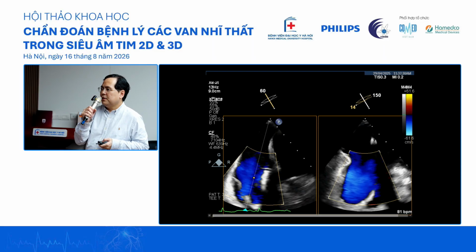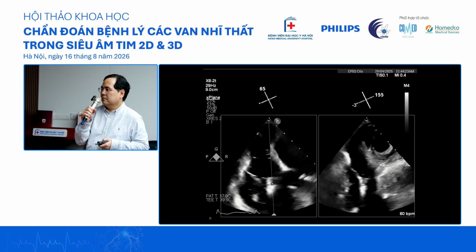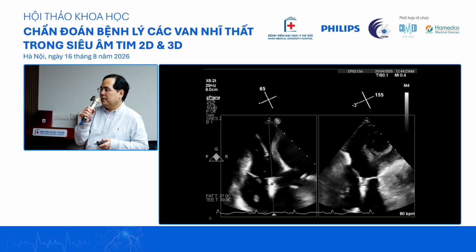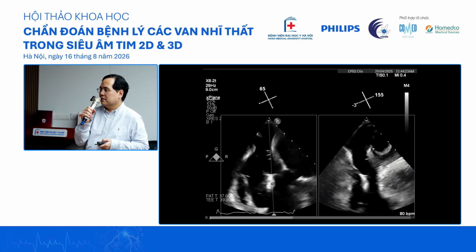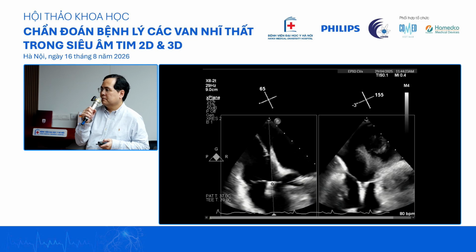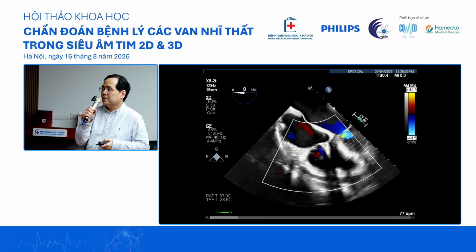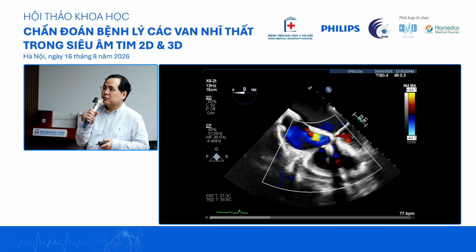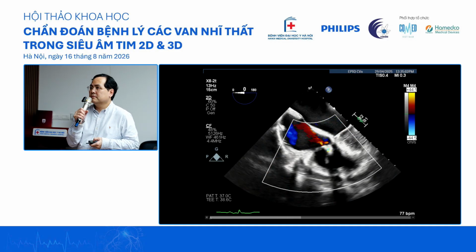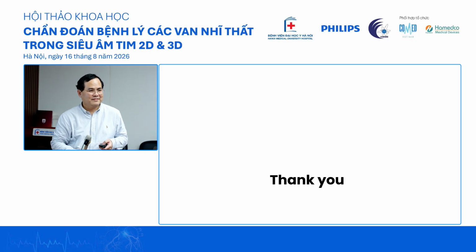And then the TR has been reduced. The operator is happy, therefore they release the device. And tricuspid regurgitation has been reduced to mild to moderate from severe. Thank you.